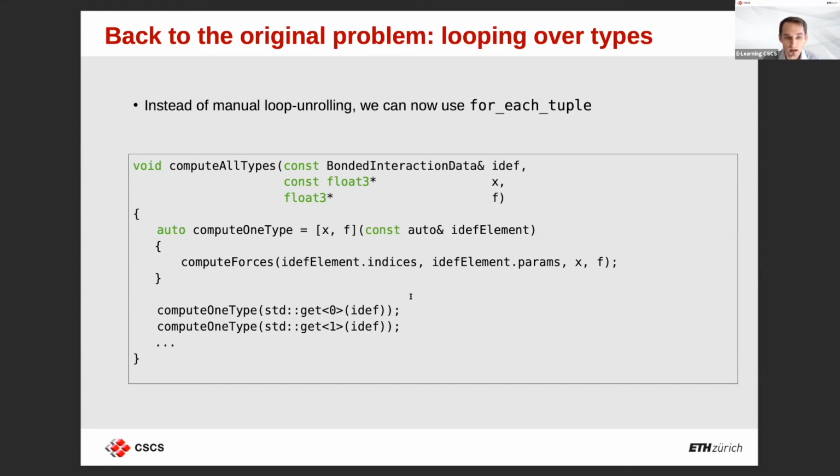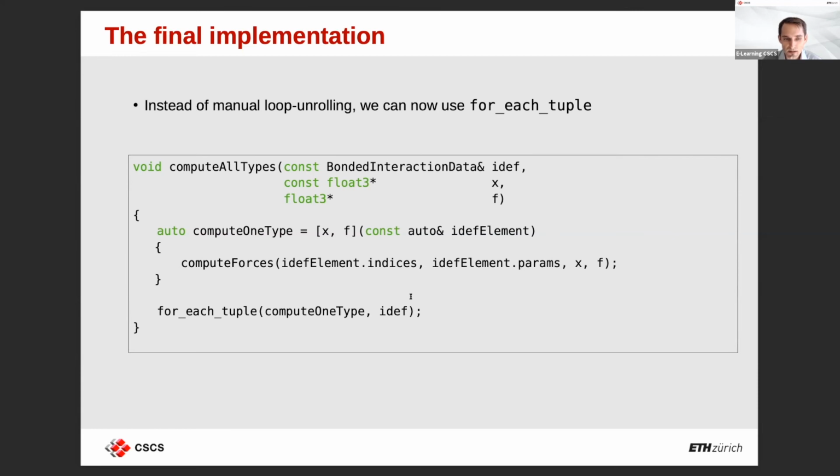Instead, we can now just use this for_each utility. And then that will get the compiler to unroll the loop for you and really compute all the types.